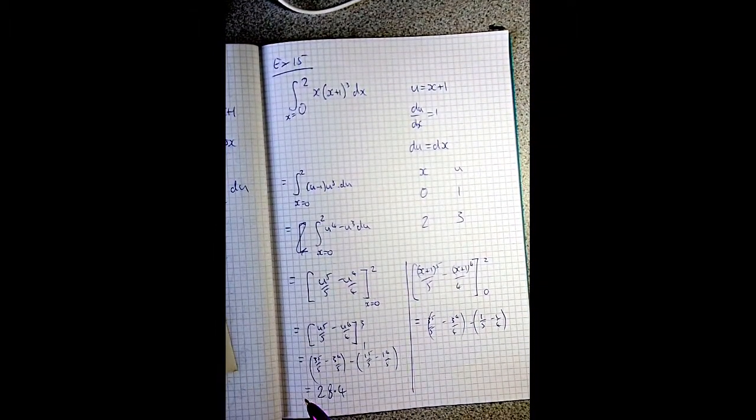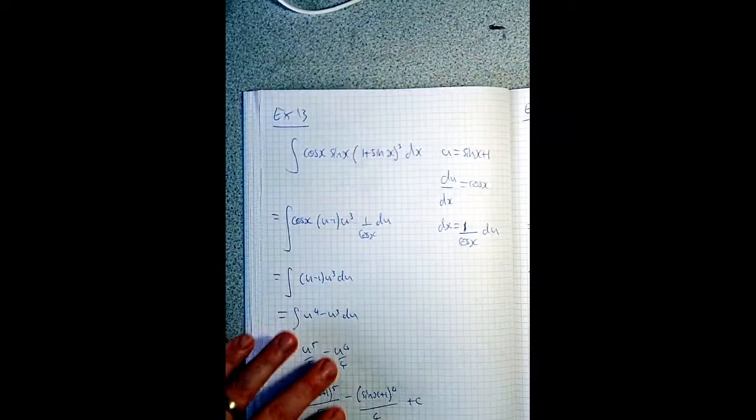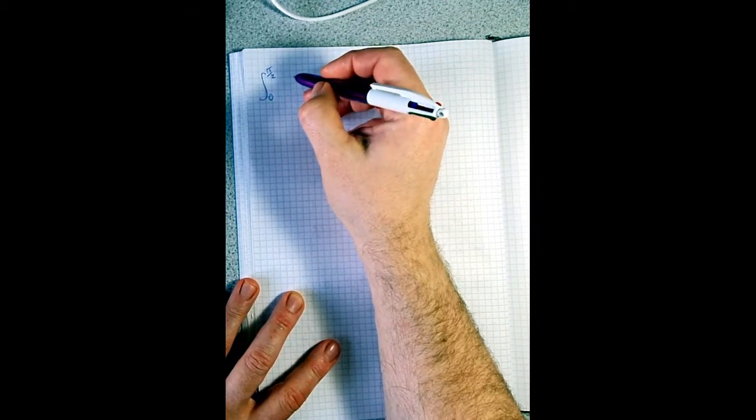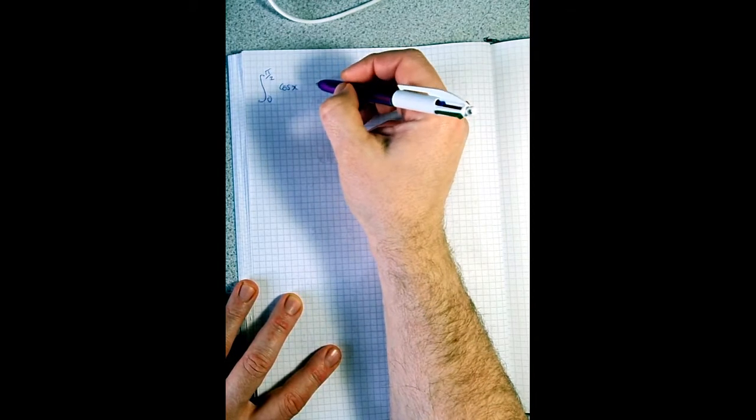Let's do the last example then. 0 to pi by 2, so not forgetting we're in radians here. Of course, any calculus with trig will need to be in radians.